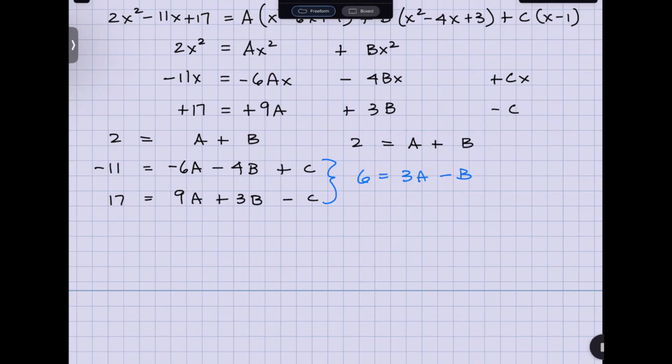Everybody see what I did there? I added equation 2 and 3 together because I got to get rid of C, because this equation doesn't have C. So I only have A and B left, so I have 2 equations, 2 unknowns. Then I can add those 2 together. Wow, this made it easy.